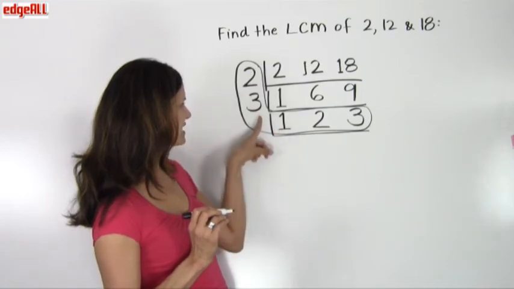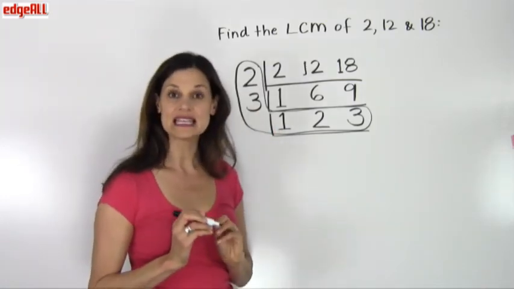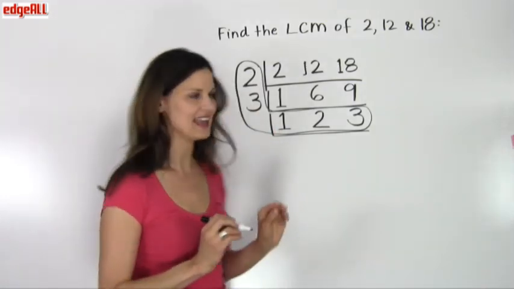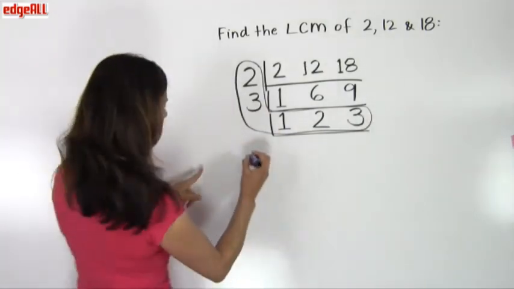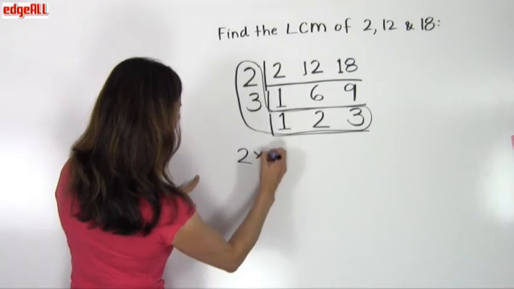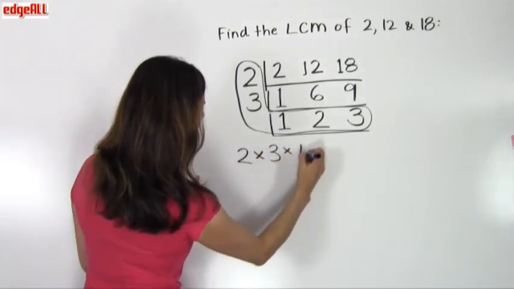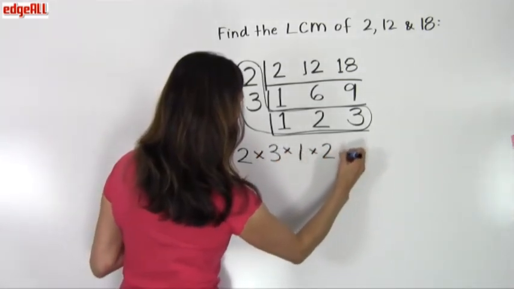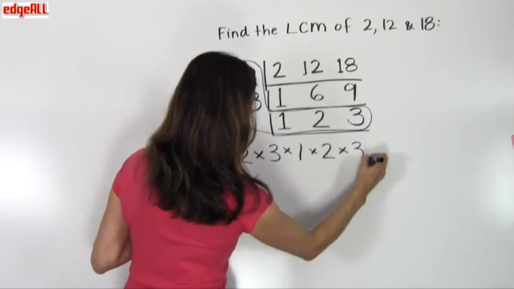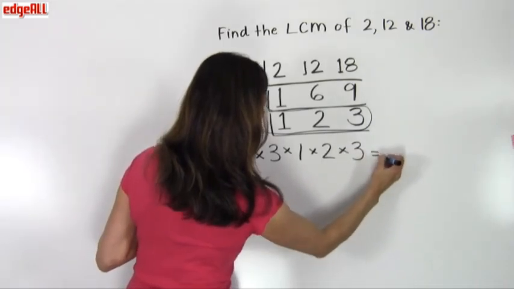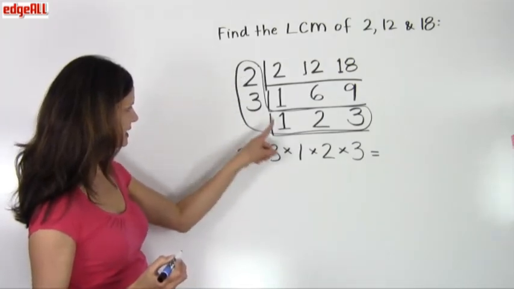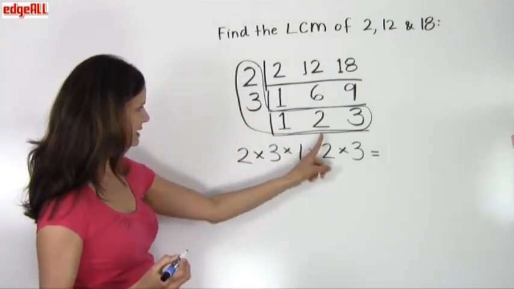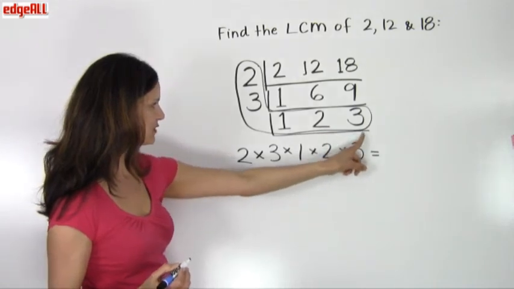My least common multiple then is all of these numbers multiplied together. So it's 2 times 3 times 1 times 2 times 3.